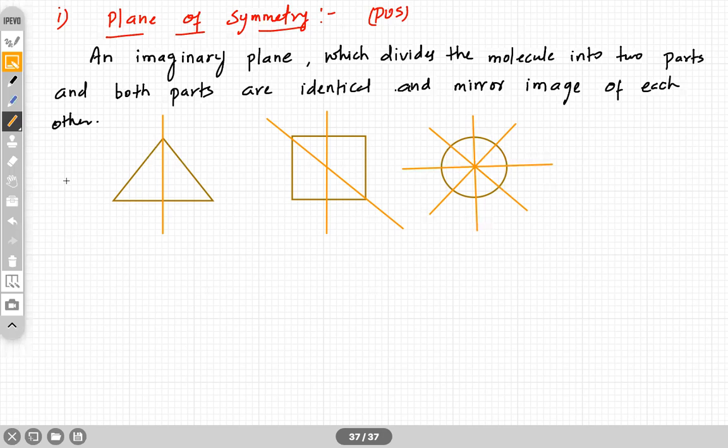So what are all these? First of all, this is a POS, plane of symmetry. These are also POS, and these are POS, right? Infinite planes of symmetry are possible here in the case of a circle.